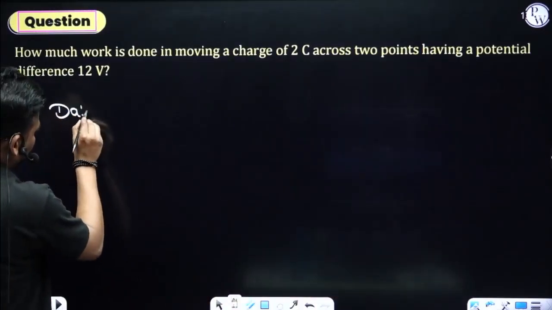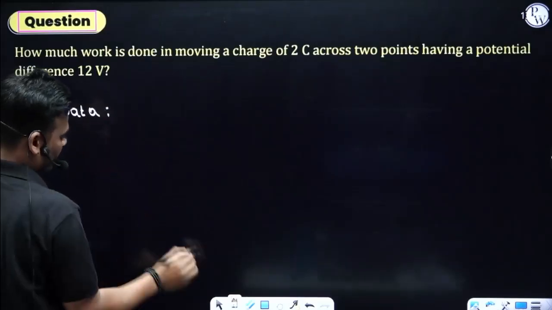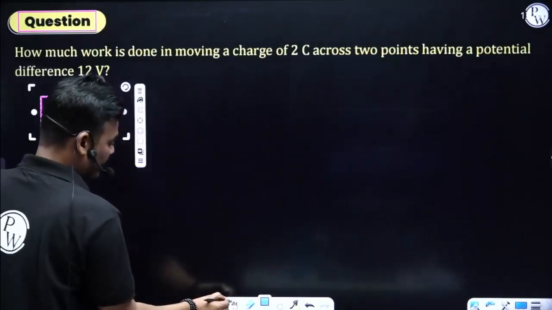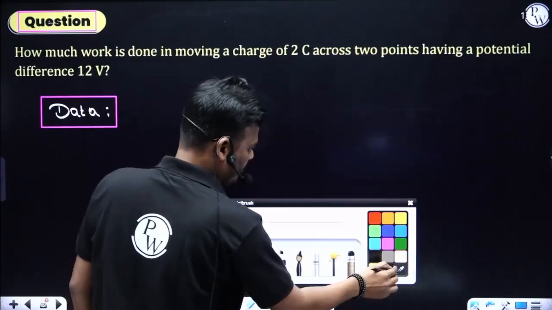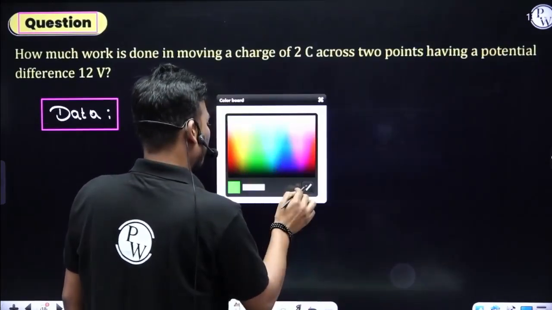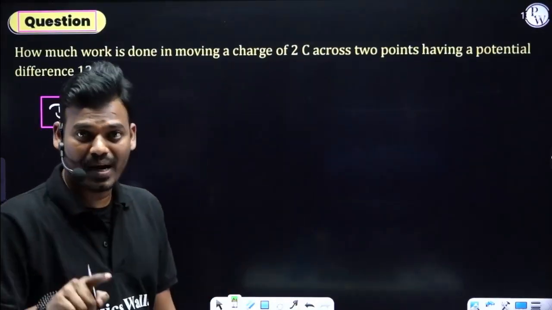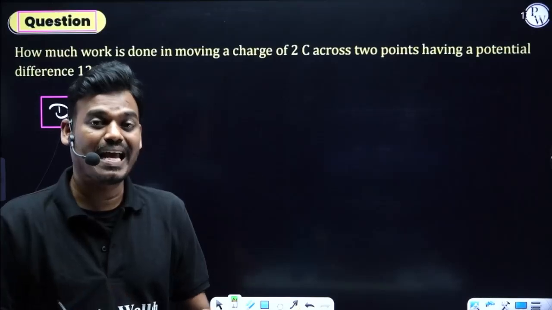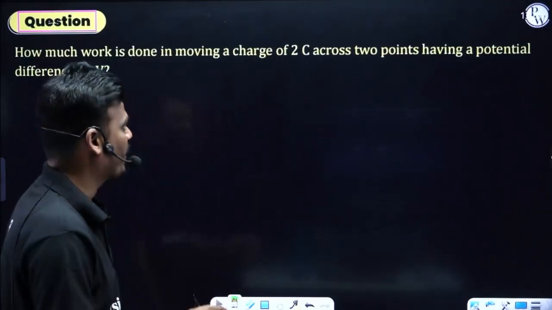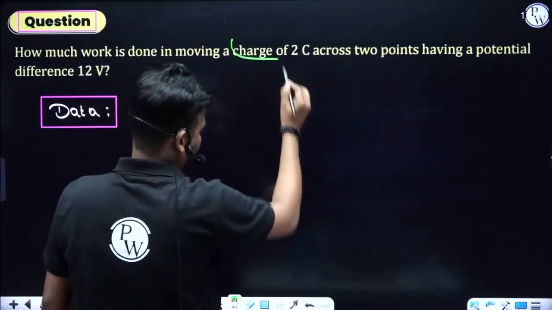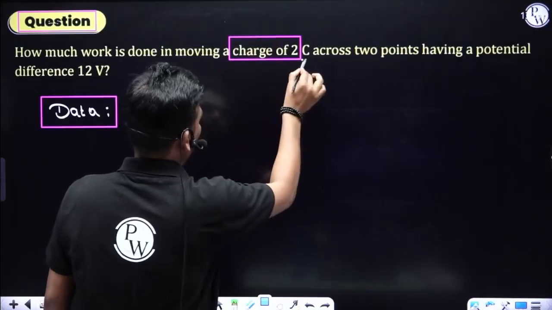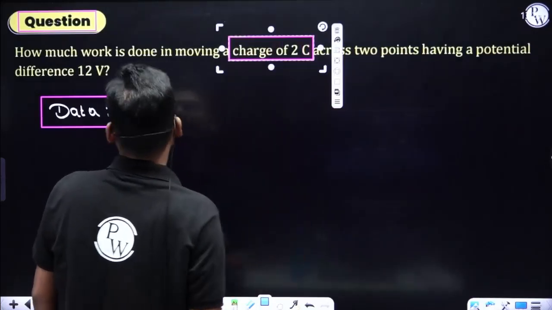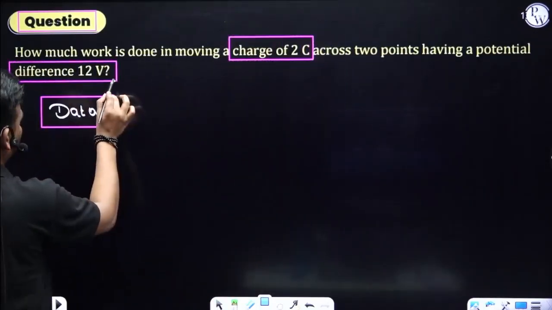If possible, read the question twice. They have given a charge of 2 coulomb across 2 points having a potential difference of 12 volt.